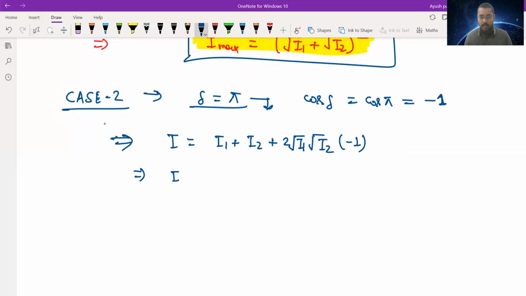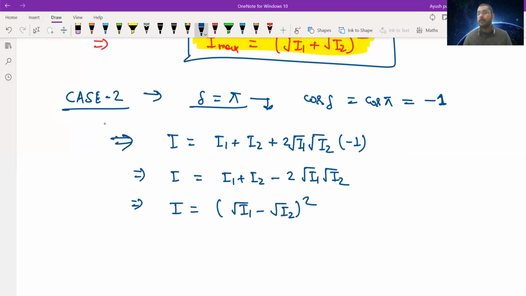So I is equal to I1 plus I2 minus 2 root I1 root I2. I can write this equation as root I1 minus root I2 whole square. Is that correct? Yes, it is correct. So this is the minimum intensity.